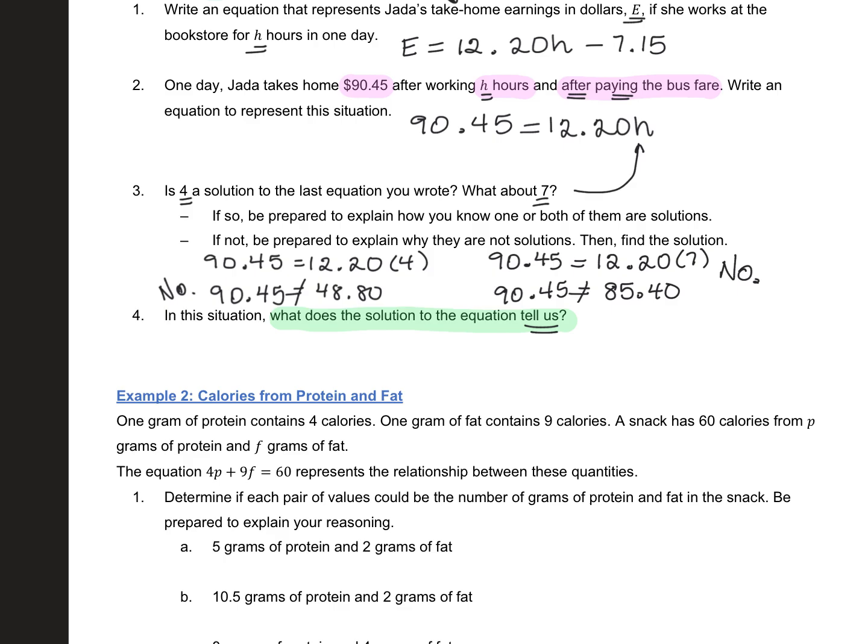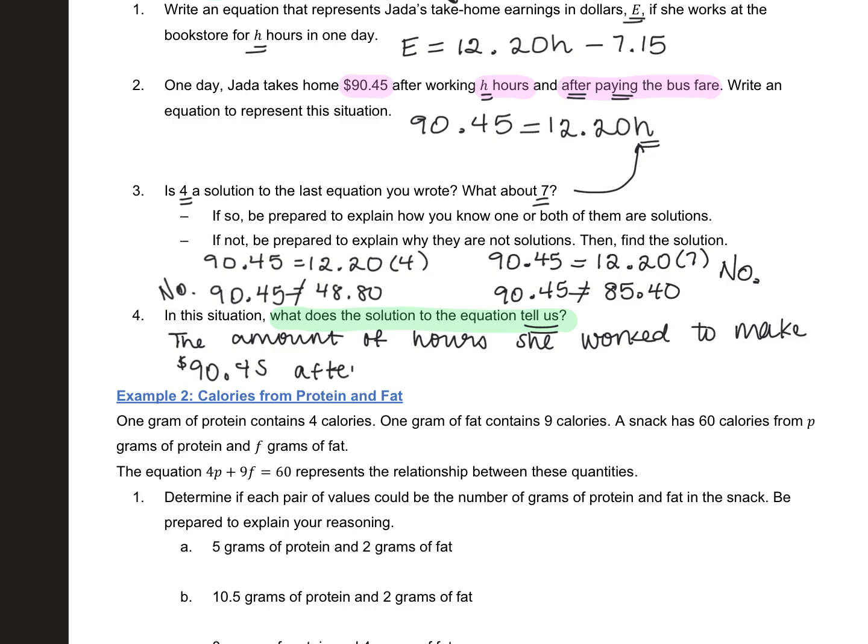Okay, so we'd be solving for H. So the solution would tell us the amount of hours she worked to make $90.45 after bus fare. Okay, so we're basically kind of turning question 2 into a sentence. That's what the solution would tell us.